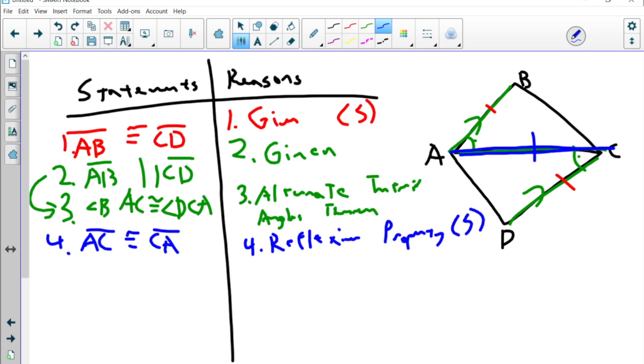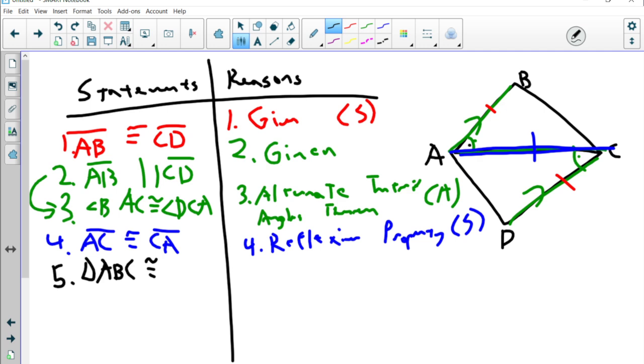So that's a pair of sides. These alternate interior angles are a pair of angles. So now we can say that our triangles are congruent. So I'm going to go A, B, C. And be careful here because this is a rotation.